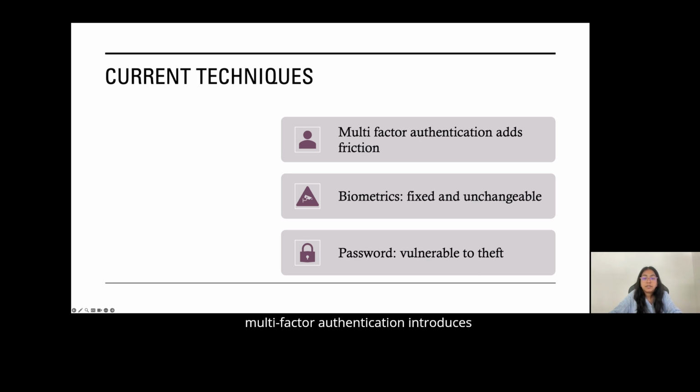However, multi factor authentication introduces friction. It interrupts the user flow, requires access to another device, and often leads to frustration, especially when the code expires or a user is in a low signal area. Next come the biometrics, like fingerprint and facial recognition.